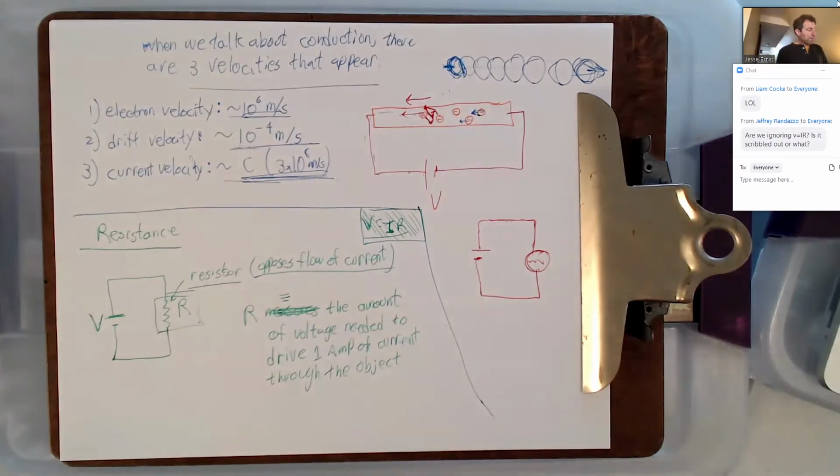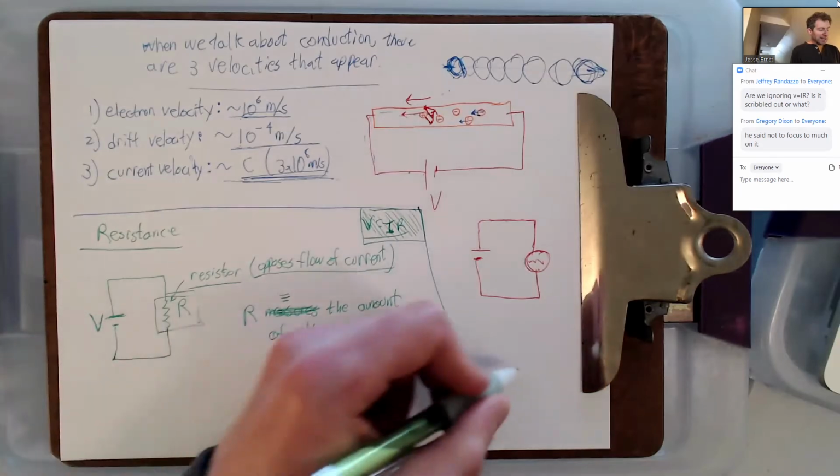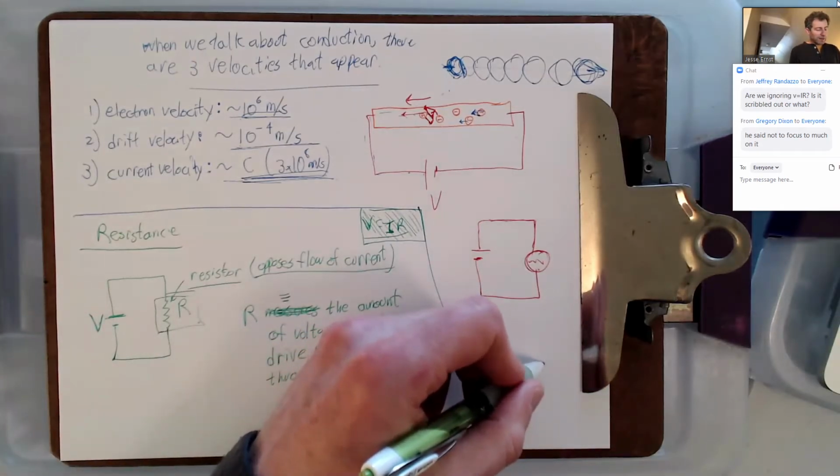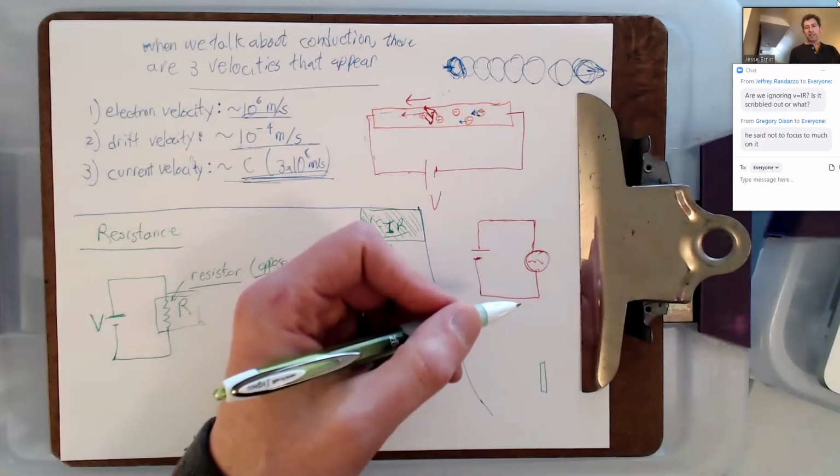So if I have a piece of plastic, it doesn't have infinite resistance. You can put current through plastic.